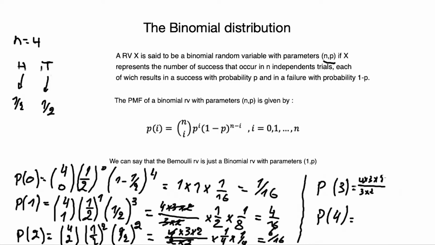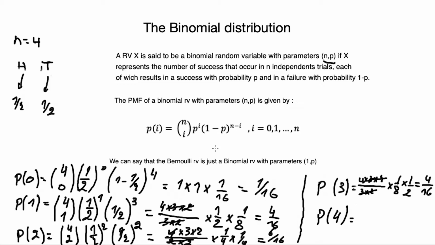So this 3 times 2 will cancel. This times 1 over 2 power 3, which is 1 over 8, times 1/2, because 4 minus 3 is 1, so 1/2 power 1, so it is equal to 4 over 16.